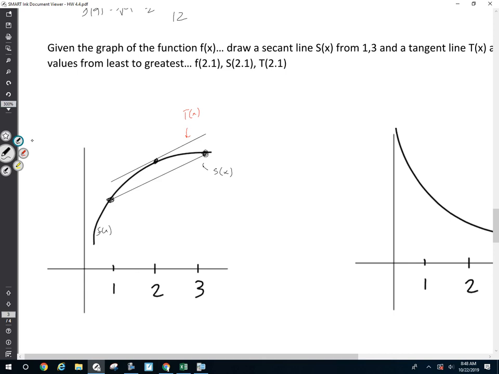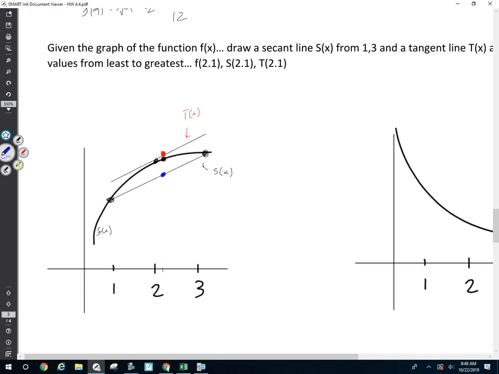Order from least to greatest. Well, f of 2.1 is right here. T of 2.1 is right here. It's an over approximation, so it's above the f function. And then s of 2.1 is down here. They should be lined up on top of each other because we're talking about just one x value.